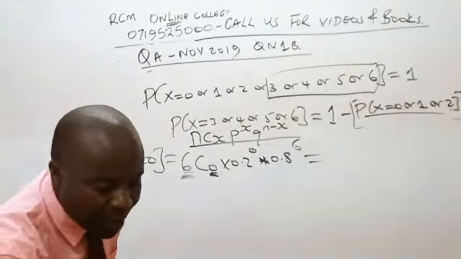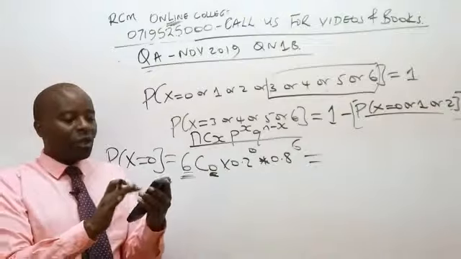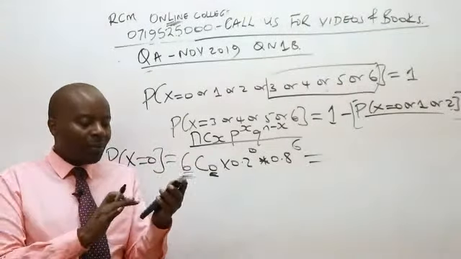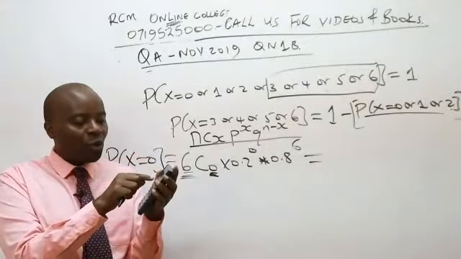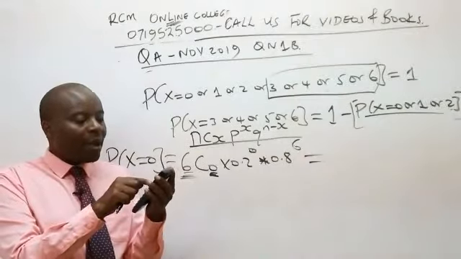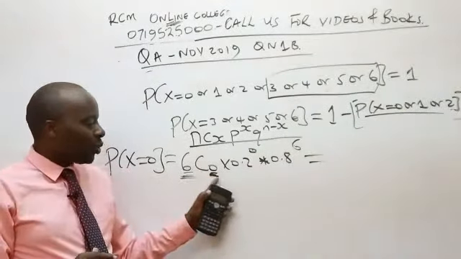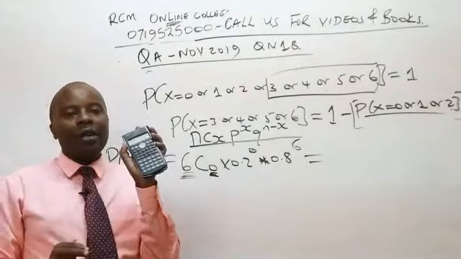What are 6 combinations 0? In my calculator, this is my calculator. So I'll press 6. I hope you are able to see the combinations just close to shift, just underneath alpha. So I'll say 6 combinations 0, this one here. And then I'll say times 0.2 raised, I hope you're able to see the raised.